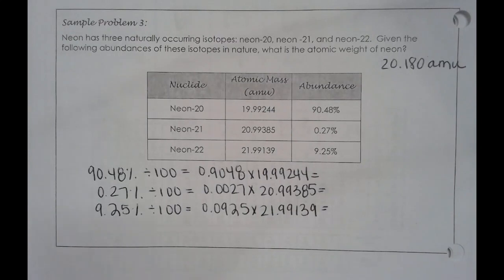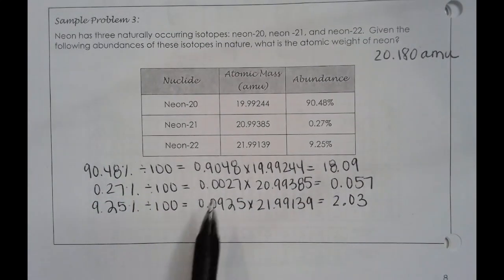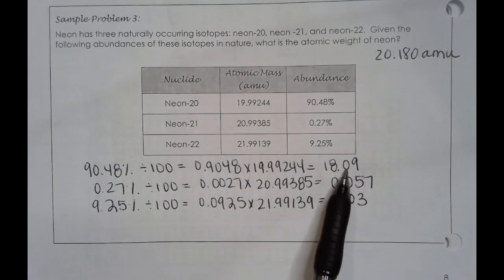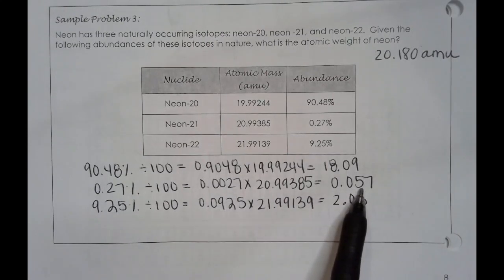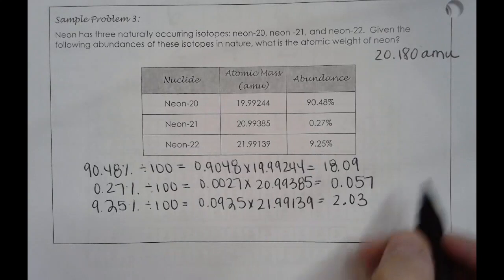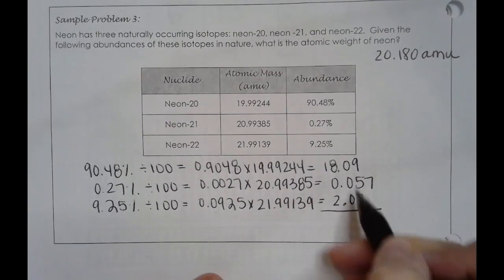I'm going to solve these really quickly. And you should adhere to your significant figure rules. So I have 4 sig figs here. That's how many this number should have. I have 2 and also 2, and I have 3 and 3. And the last step is we want to add all of these up.